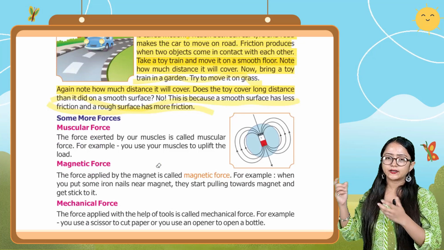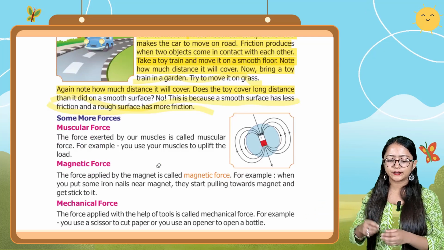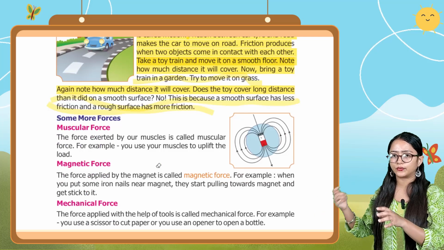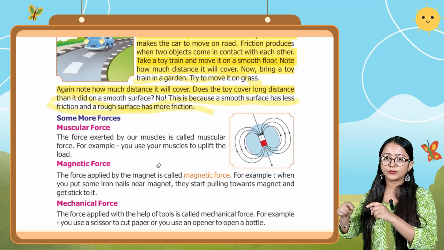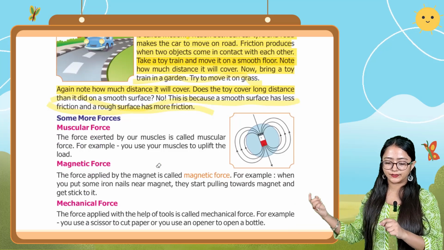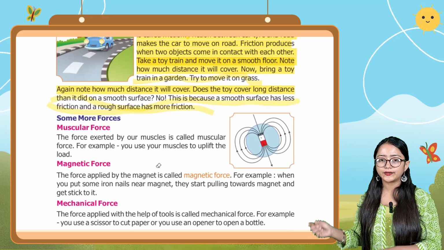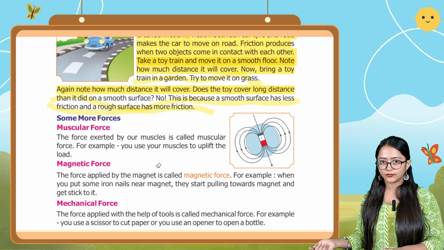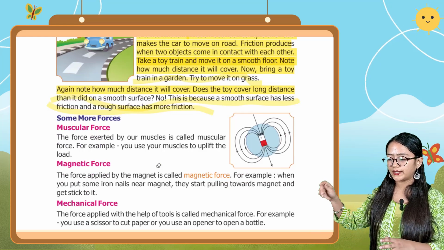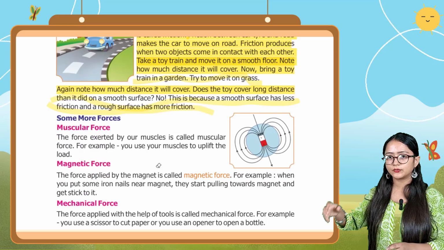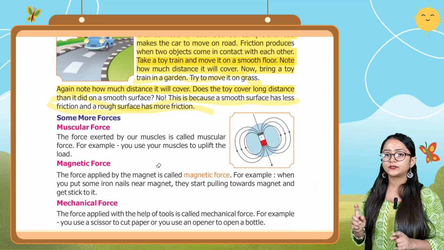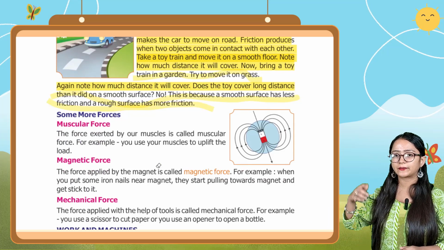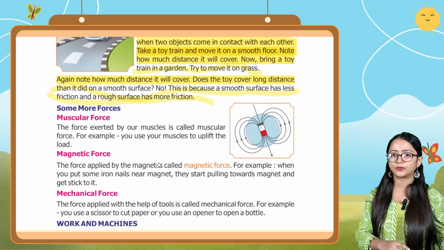For example, take a toy train and move it on a smooth tile floor, and note how much distance the toy train covers. Now bring the toy train into the garden area. First you played with the toy train on the smooth area, and now you are bringing it on the garden area. Now the toy train is not able to move that smoothly as compared to the smooth floor.